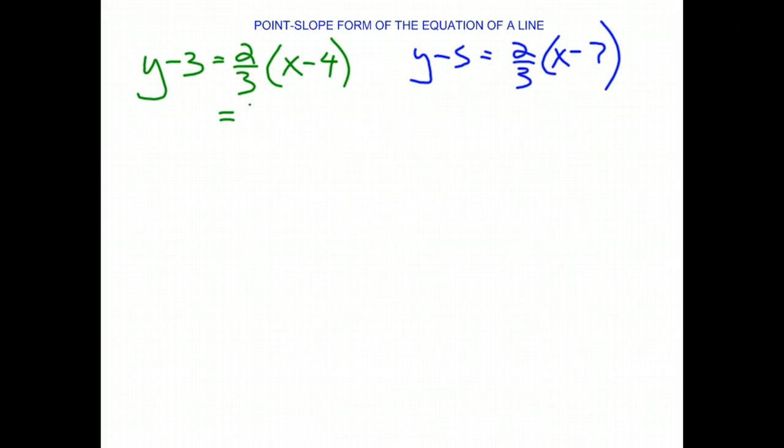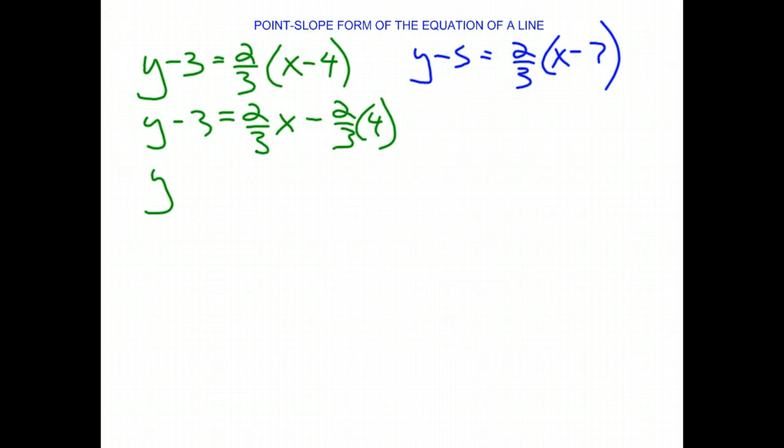So y minus 3 equals 2/3 x minus 2/3 of 4, leaving the y minus 3 alone. What's 2/3 of 4? That's 8/3. Y minus 3 equals 2/3 x minus 8/3. I have to add 3 to both sides.